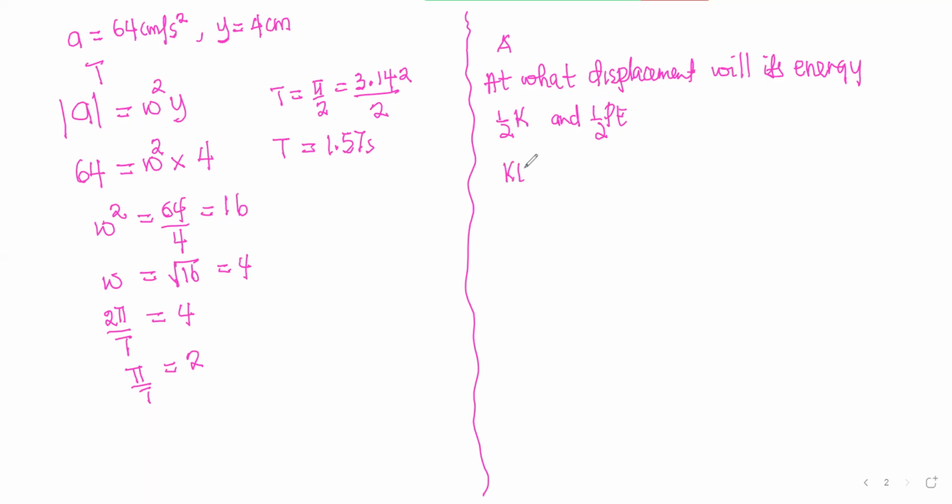So what is the kinetic energy equation of a body executing simple harmonic motion? Bilal is giving us an answer: 0.707 of the amplitude. We shall see.